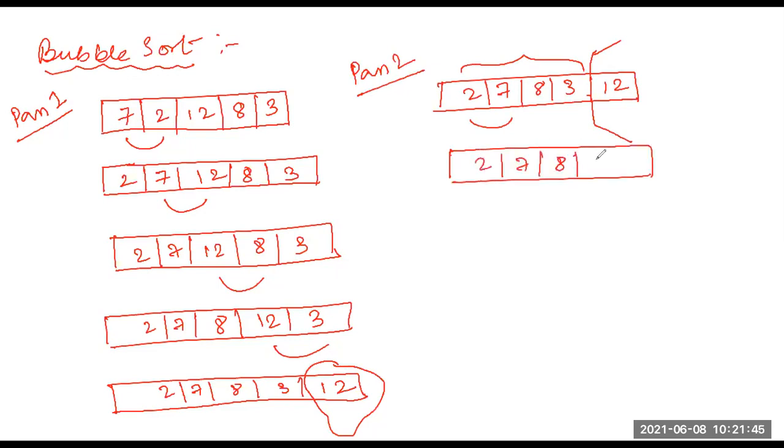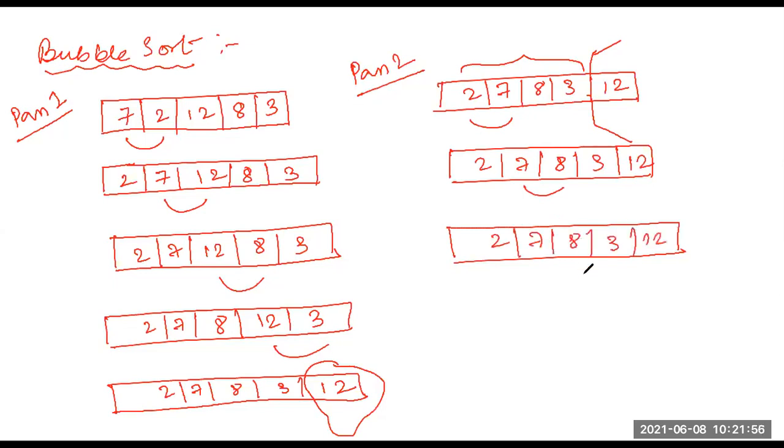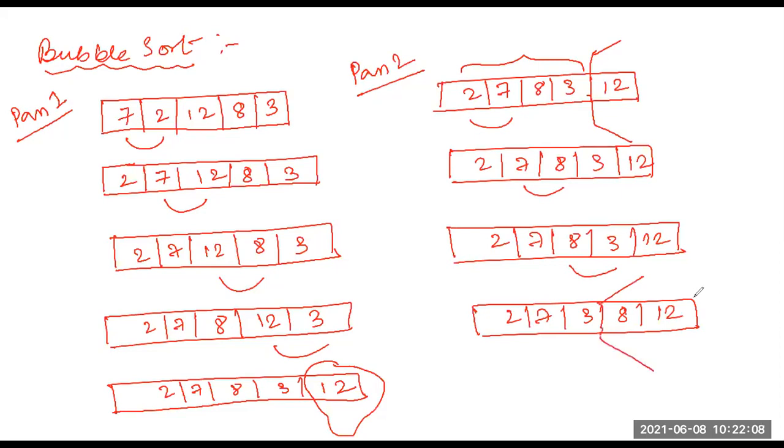Then I will compare 7 and 8. 8 is the larger one, already at the right position. Then I will compare 8 and 3. 8 is the larger one, so it should interchange and move towards the last. Fine. After pass 2, this portion is already sorted.